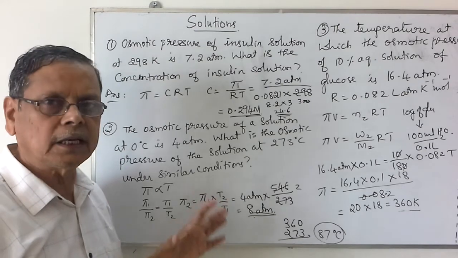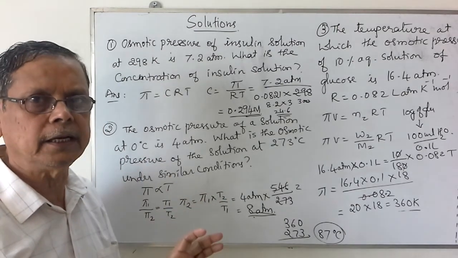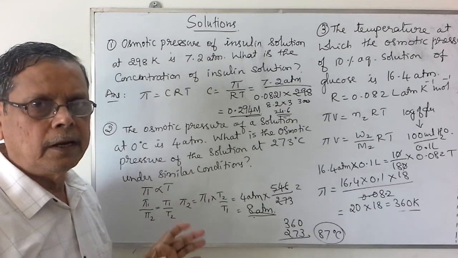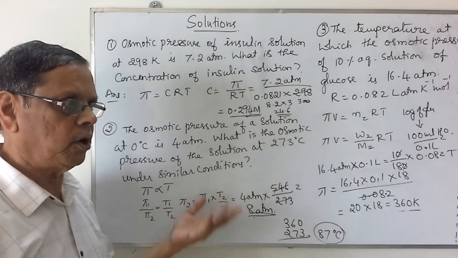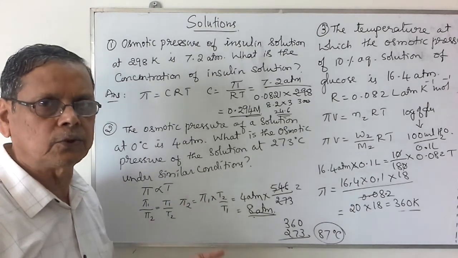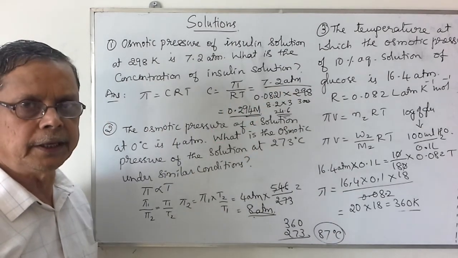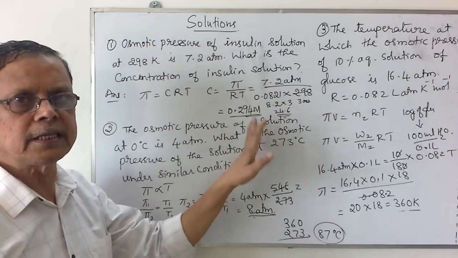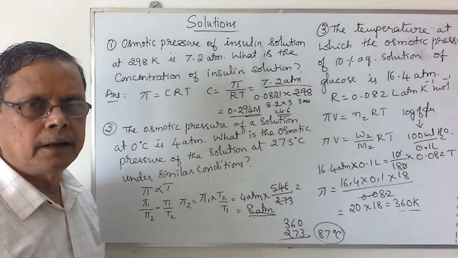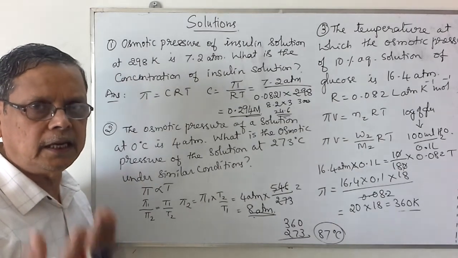That means we are considering a solute which is non-electrolyte and non-volatile. But if the solute is volatile or undergoing dissociation or association, what will happen to the colligative property? That is explained by considering the Van 't Hoff factor. That's what we shall see in the next video.